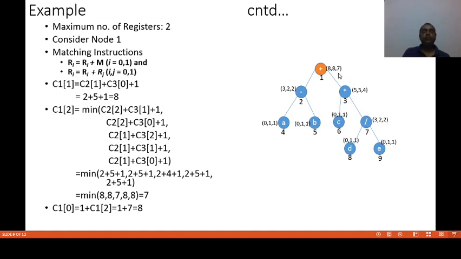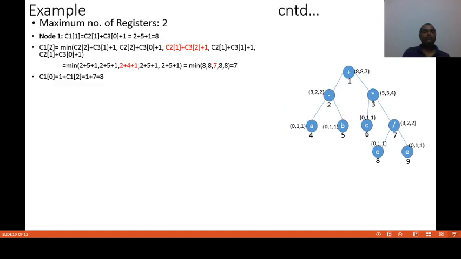Now, our task is to generate the code. We know that in our machine the maximum number of registers is 2. First, we have to come to node 1. This one. At node 1, you can see here, the cost vector is what? 8, 8, 7.